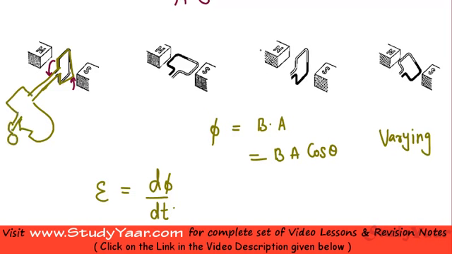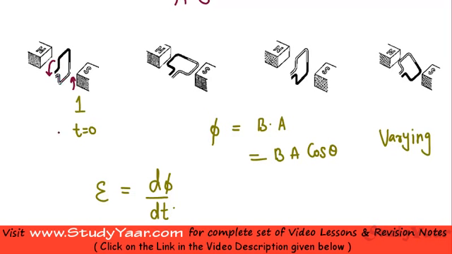Let's say what you're seeing over here is your initial configuration. This particular diagram, let's say this is diagram number 1, is your initial configuration, at t equal to 0. At this point your magnetic field is like this, and your vector perpendicular to this area is also like this.